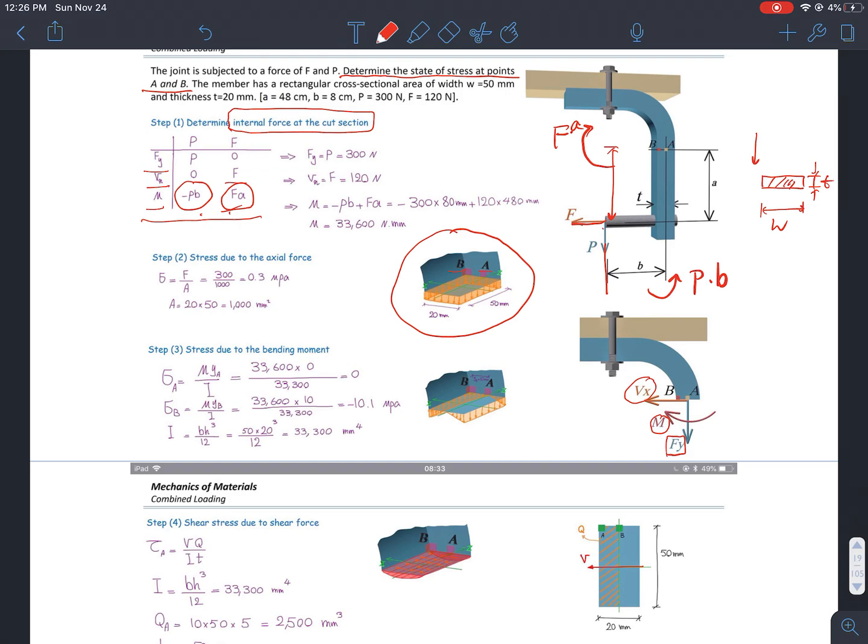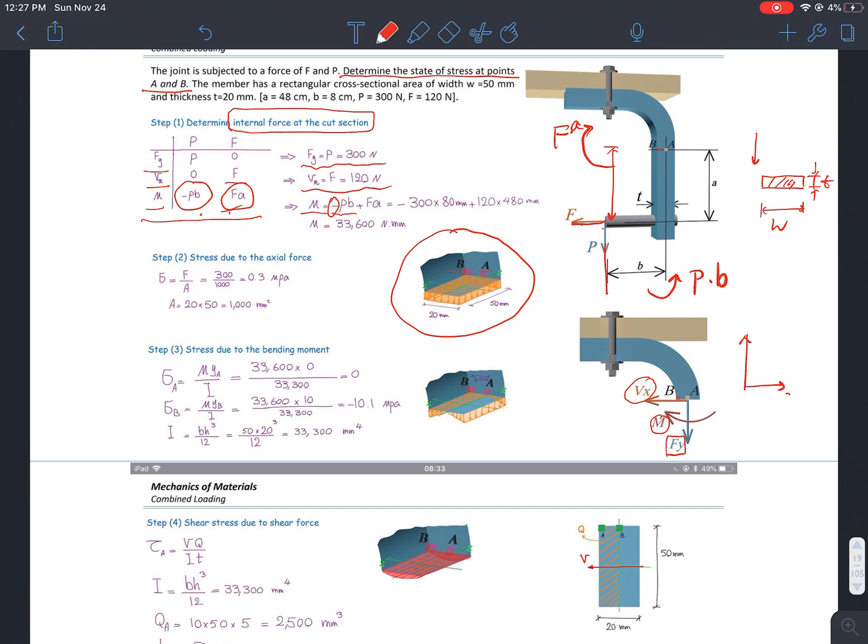All right, after this tiny table, I summarize: the axial force equals 300 Newton, which is P. Shear force equals F, 120 Newton. And the moment is a combined moment by force P multiplied by distance B, and notice a minus sign. Why?